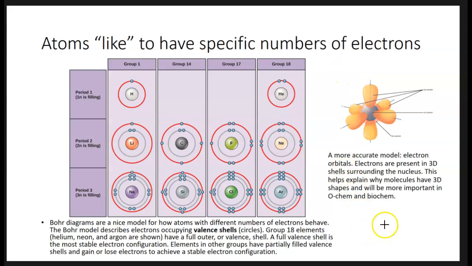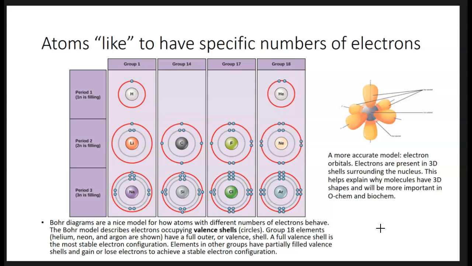However, it's more accurate to represent the electron orbitals as these shells that are shown on the right. And so electrons in these orbitals are present in 3-dimensional shapes surrounding the nucleus.